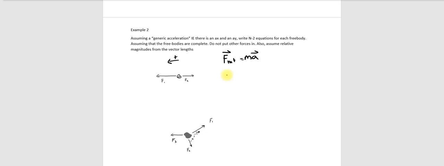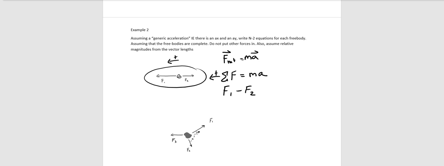So if we sum up all forces in this direction, that has to equal mass times acceleration in that direction. And we look at our free body, there's just 2 forces. So if we call left positive, F1 minus F2 would be the vector sum of these 2 forces, and then the rest of it would be equals mass times acceleration. And this is done for this example, and there's nothing more to chat about.